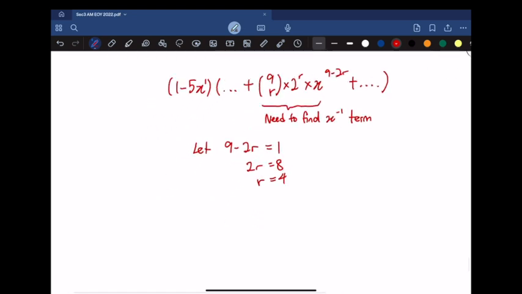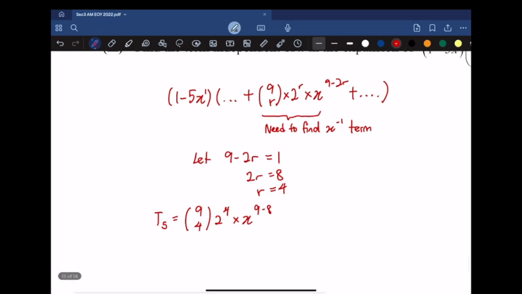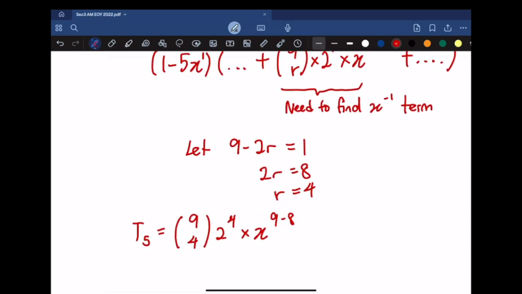So therefore, this is the sixth term: 9 choose 5, 2^5 times x^(9-10), which is x^(-1).